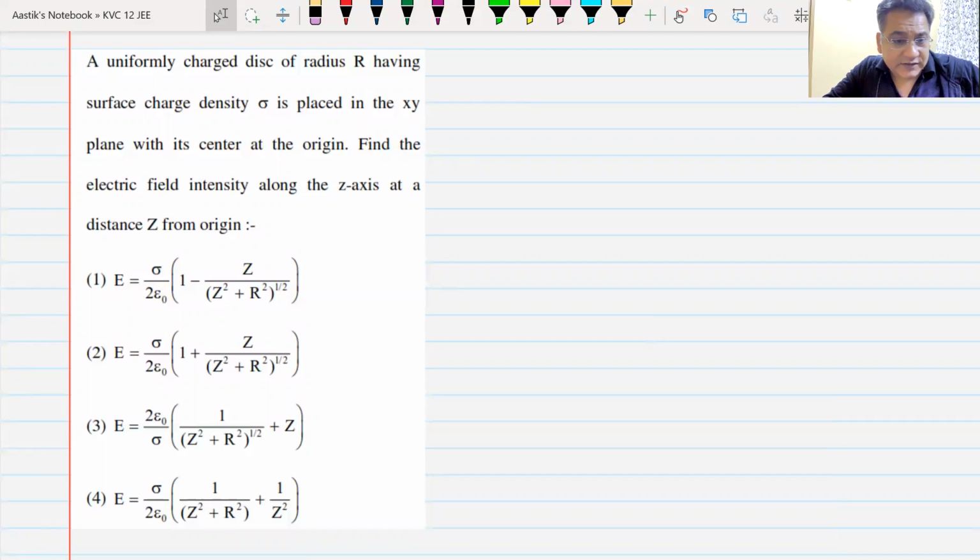This one, they have just simply asked the formula. They have asked the charges formula, nothing else. I've given you shortcuts to every single thing. See this one.